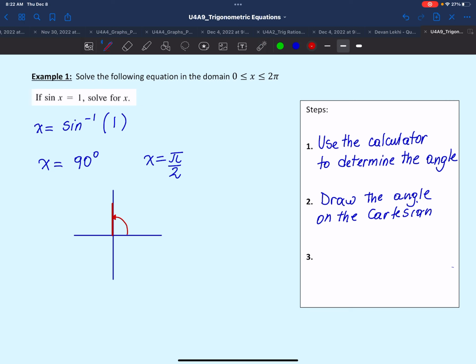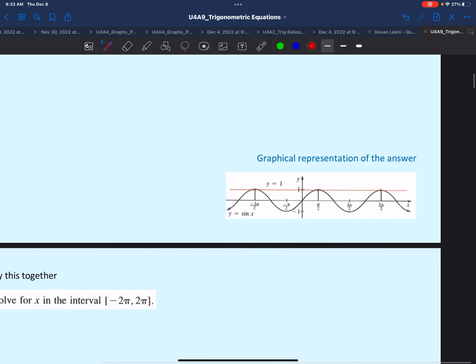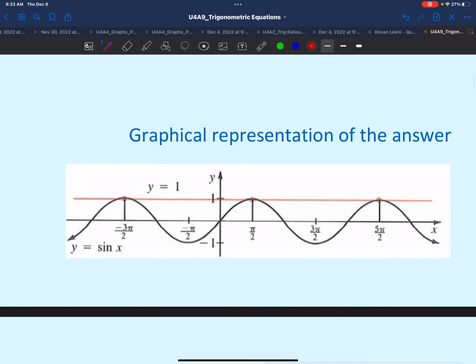So let's take a look at a graphical explanation of our answer. What you see in here is the graph of the sine function, or sine of x. And as you know, sine of x equals 1 is what we are trying to solve. So this would be the function y equals sine of x. And in the domain of 0 to 2 pi, the sine of x will be this one.